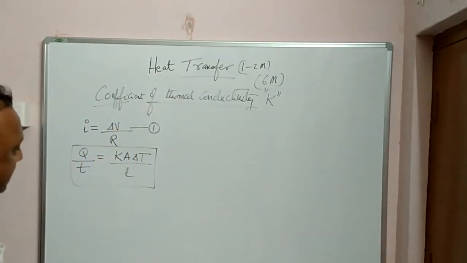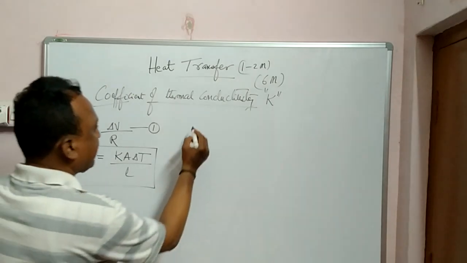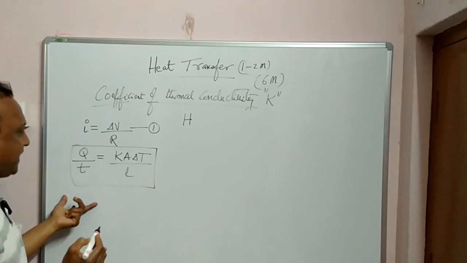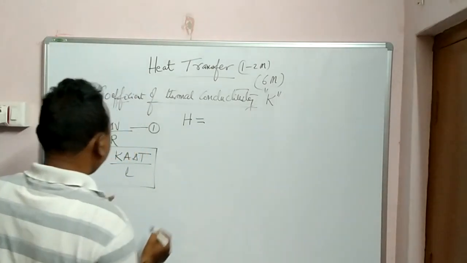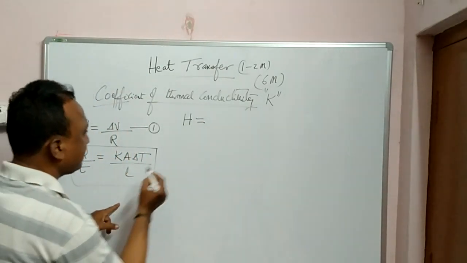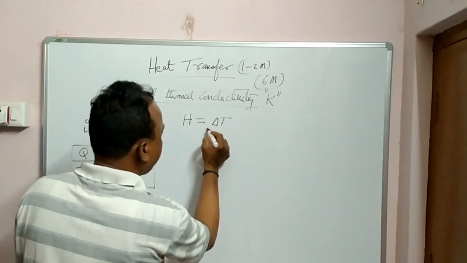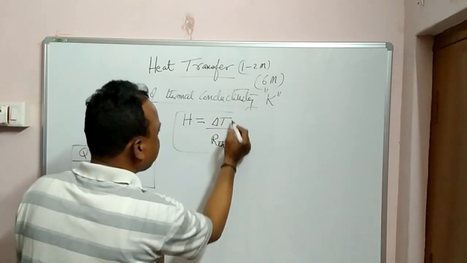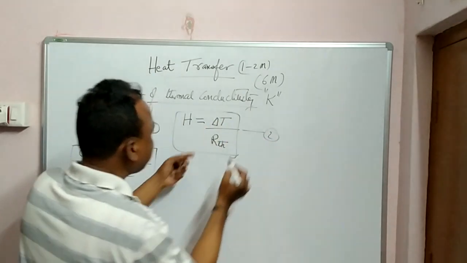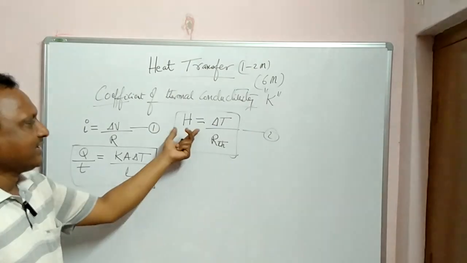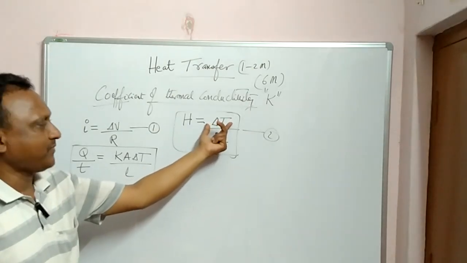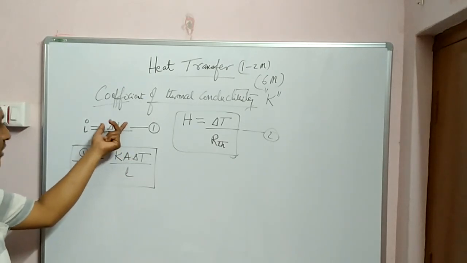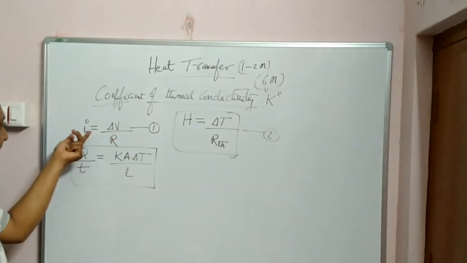See, this heat current Q by t, I can write as capital H. This capital H is nothing but the rate of flow of heat, which is equal to delta T by R thermal. Now see, this is the equation for heat current, that is temperature difference by thermal resistance, and in current electricity, Ohm's law, potential difference by electrical resistance is electrical current.